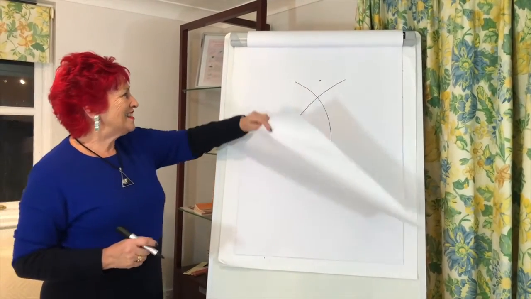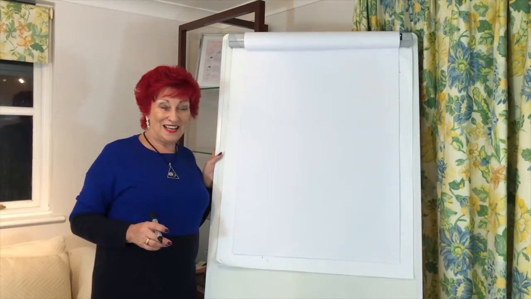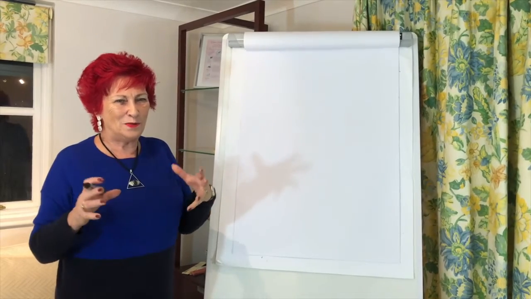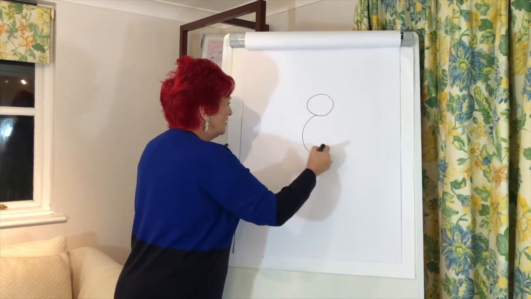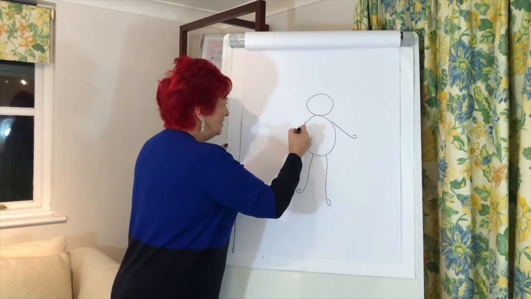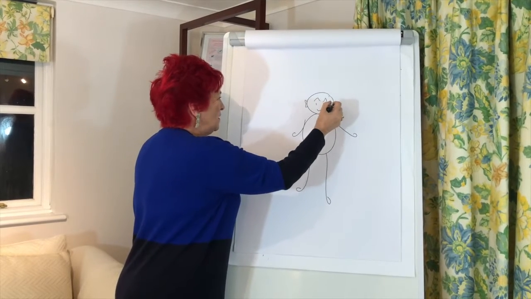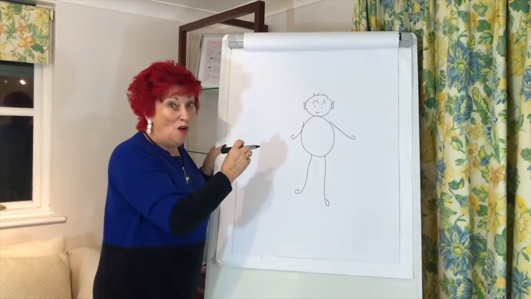Got it. The next symbol is the one you use at the end of the healing session when you want to seal in the energy that you've brought in. This is the person that you're healing, and you draw this symbol over them.